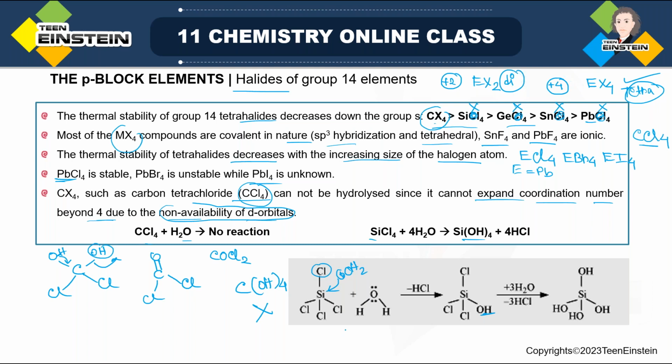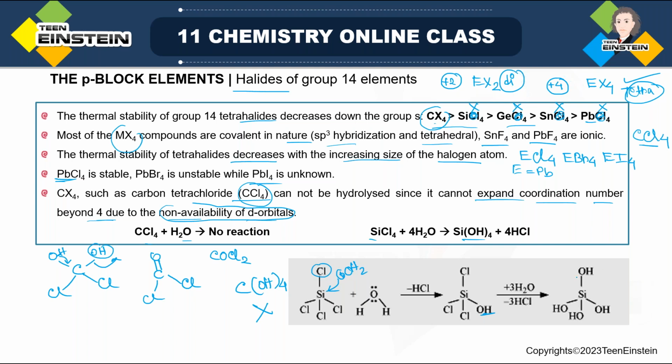So what happens when the first water molecule is attacking the silicon, there is a penta-coordination type of mechanism. That means in the intermediate, or even if you consider the transition state, there is more than 4 coordination, and more than 4 coordination is possible only if there is availability of d orbital, required for that type of mechanism, where simultaneously 5 bonds are present on the Si.